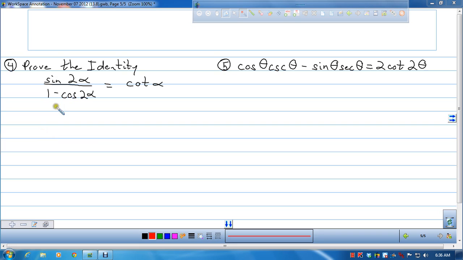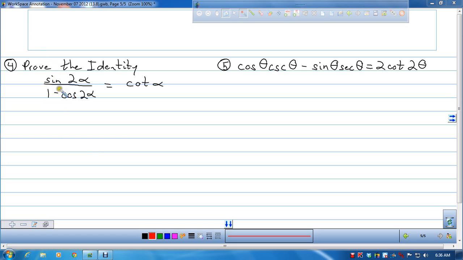We're dealing with double angle and half angle formulas, so probably what you're going to be looking at is using those to prove these identities. You notice right here I've got one of my double angle formulas in both the top and the bottom.